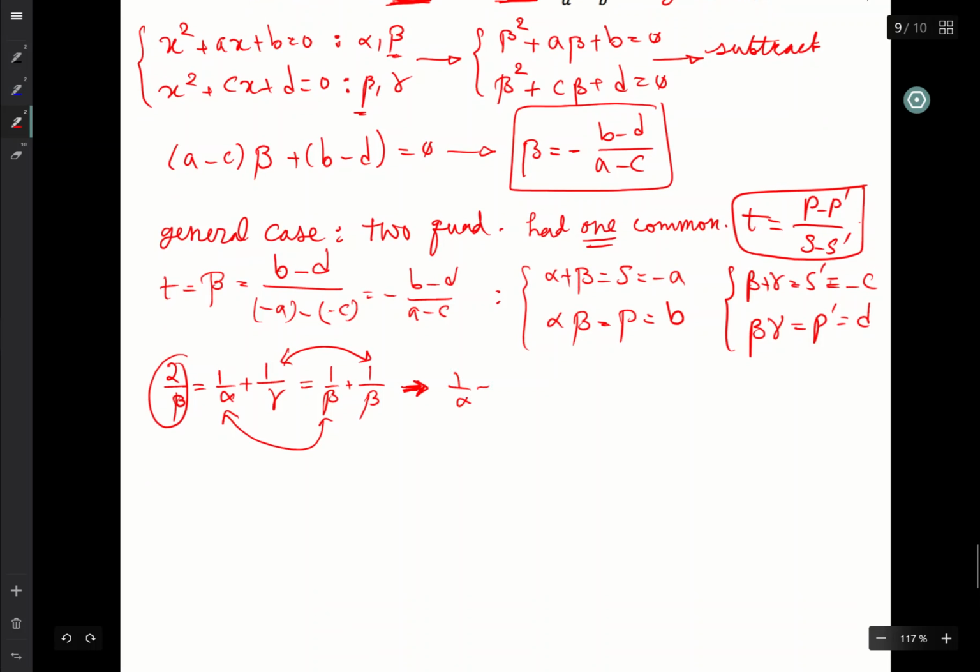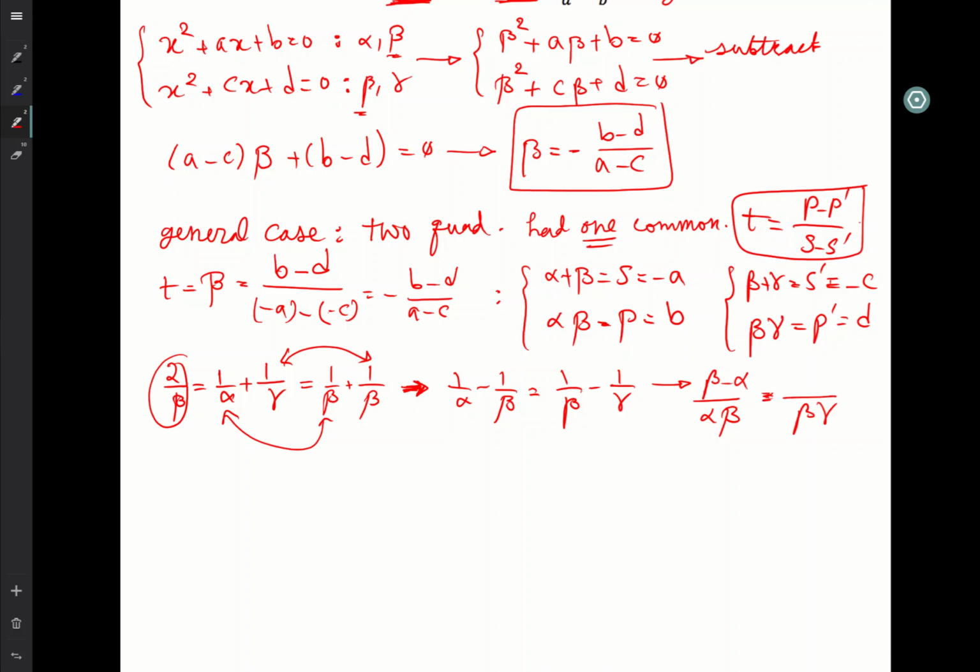So 1 over alpha minus 1 over beta is equal to 1 over beta minus 1 over gamma, right? And then basically (beta minus alpha) over alpha beta is equal to (gamma minus beta) over beta gamma, right?